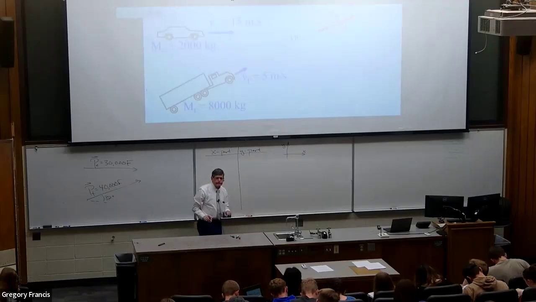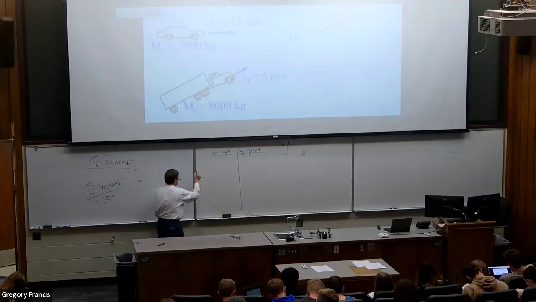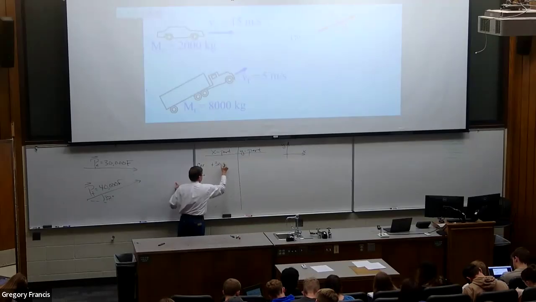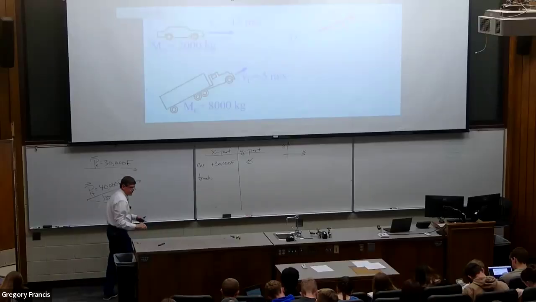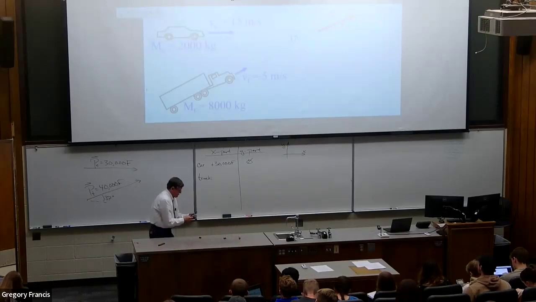direction, like that. Okay? Now, if I look at the car, all of that momentum is in the positive X direction. None of it is in the Y direction. But if I look at the truck, well, I've got to break that up into its X part and its Y part.